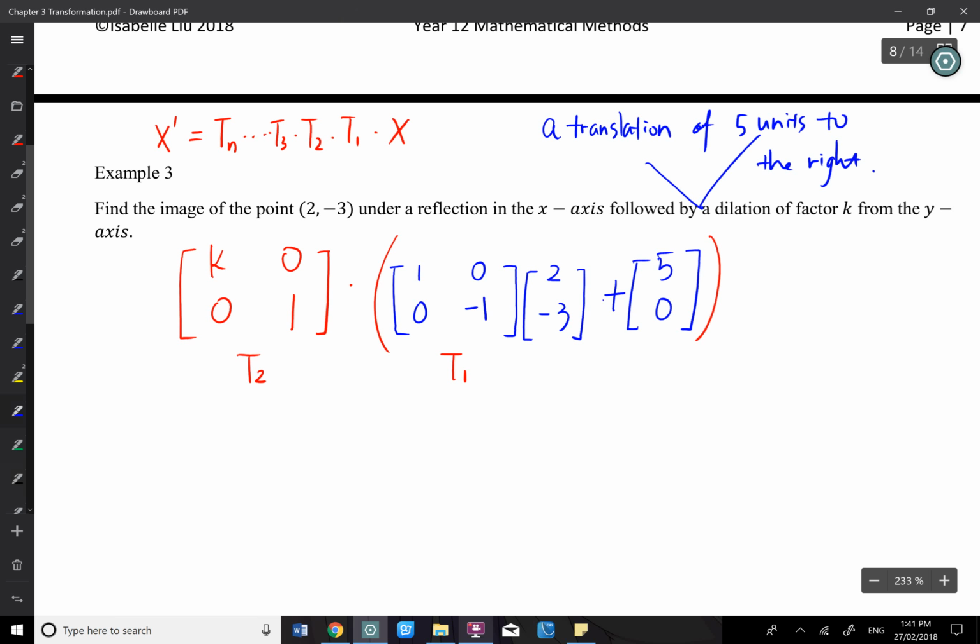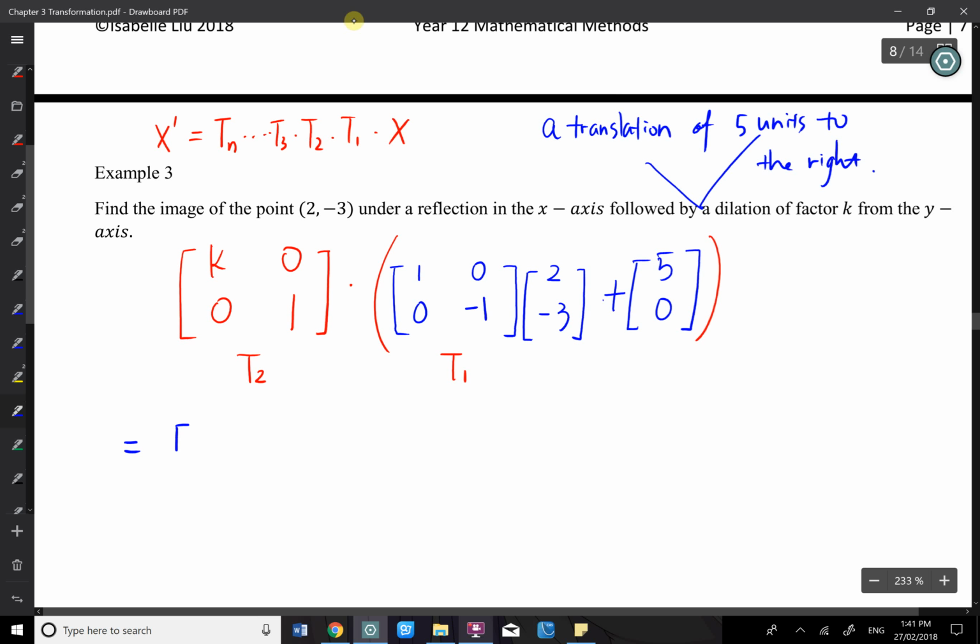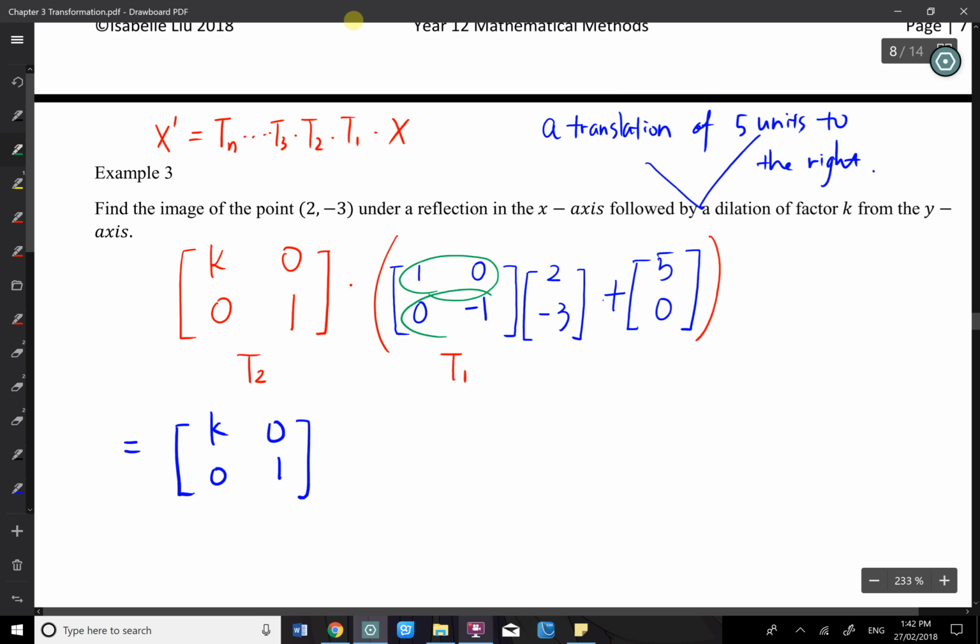Okay, let's calculate that. So I will keep this one. It's not this turn to calculate. So we'll calculate this one first. So 1, 0, 0, negative 1 times with that. Don't forget the bracket. So that's a 2, that's a 2 and 0 and 0, 3.